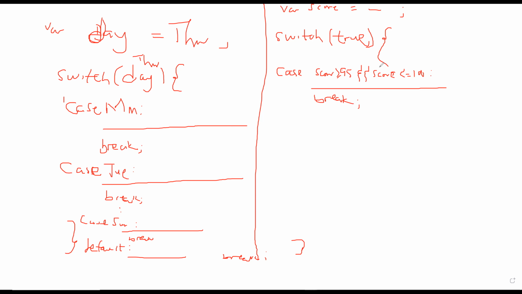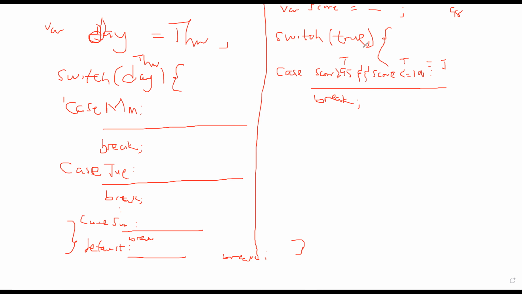So which simply means if this score, let's say, is 98, we have 98 there. 98 is greater than 95, which is true. 98 is less than or equal to 100, which is true. True and true gives me true.